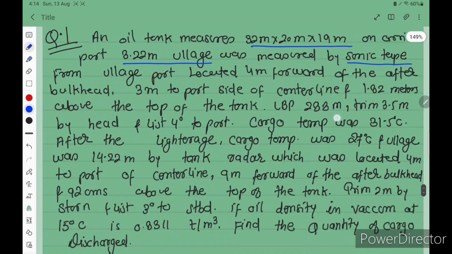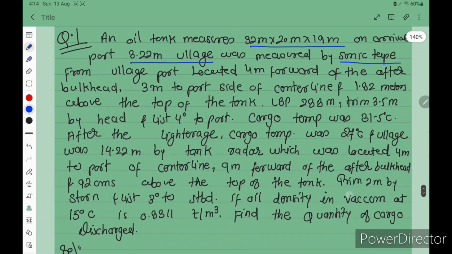The first numerical: an oil tanker's tank measures 32 m, 20 m and 19 meters. So this is the size of the tank, length into breadth into height. On arrival port, 3.2 ullage was observed by the sonic tape. That means it is an observed ullage, because you are using the sonic tape, manually seeing this ullage.